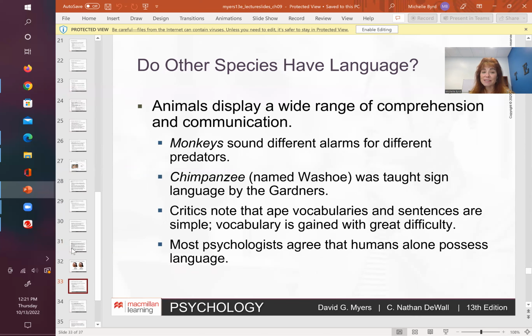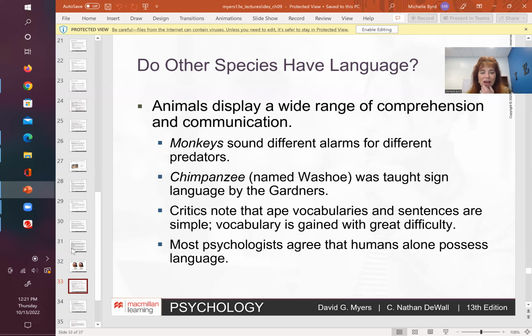So do other species have languages? Of course they do. Monkeys sound different alarms for different predators. Chimpanzees have been taught sign language, and can use many different signs.